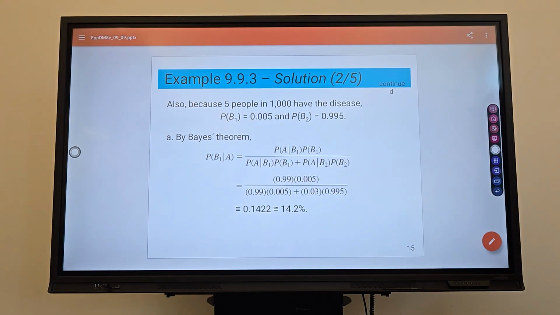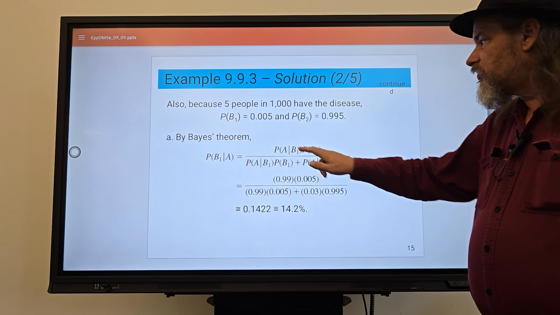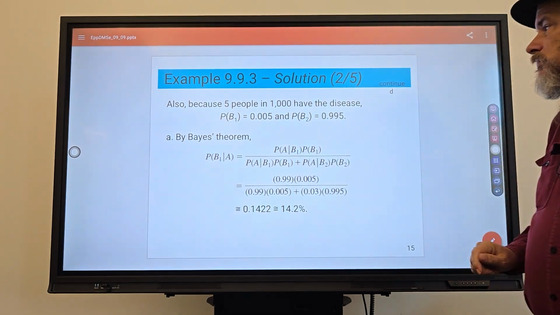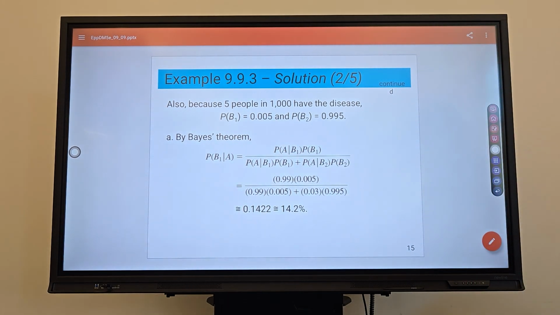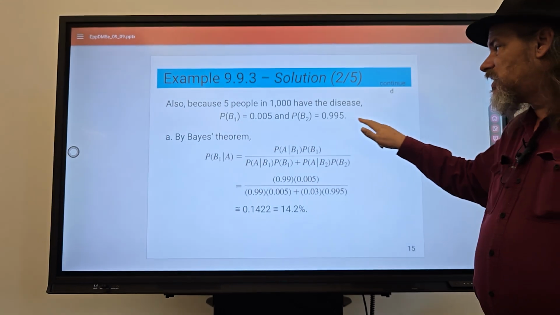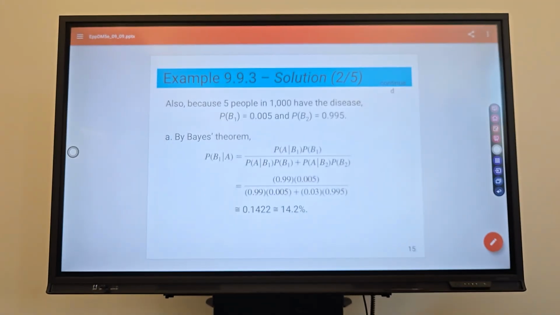Also, because 5 people in 1,000 actually have the disease, the probability of B1 is 0.005. And the probability of B2, not having the disease, is 0.995.